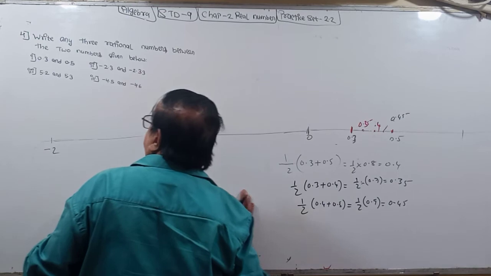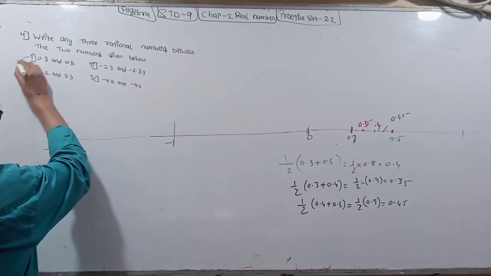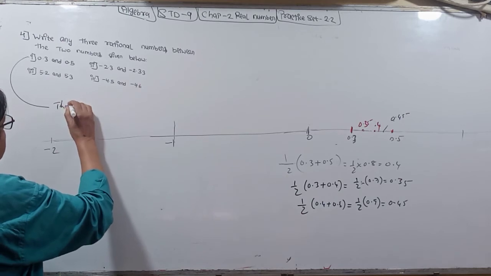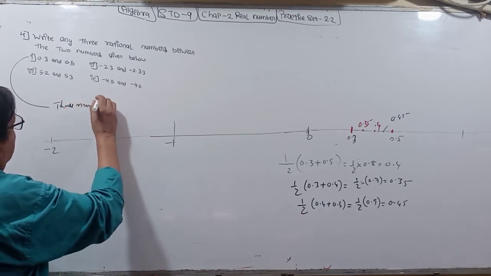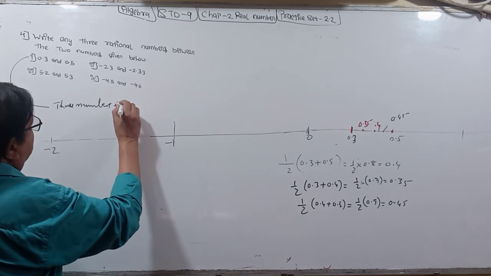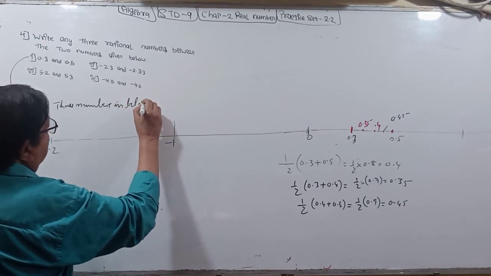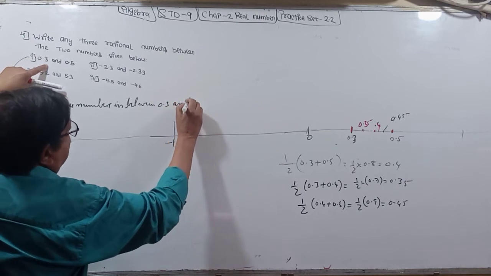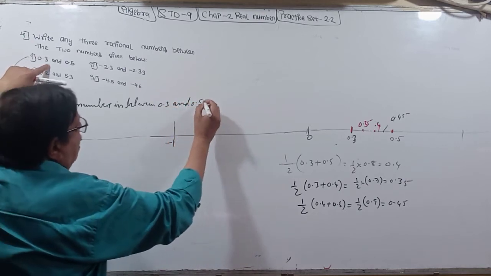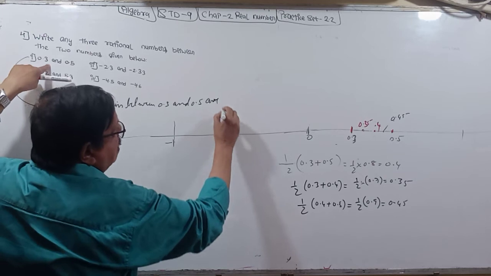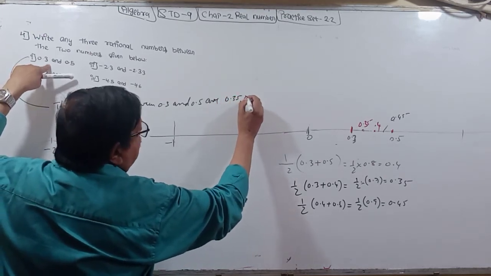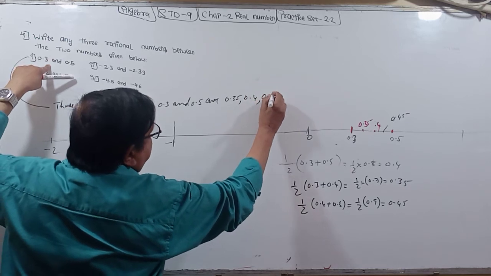So three numbers in between 0.3 and 0.5 are 0.35, 0.4, 0.45.